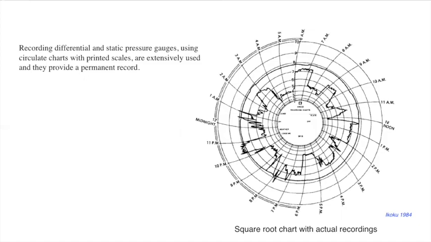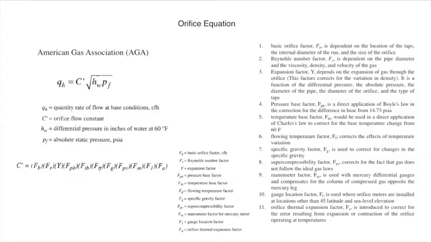As per the American Gas Association, as I mentioned, the flow rate through the orifice can be calculated using this equation as shown in the slide. That is, QH, the quantity rate of the flow at base condition, is equal to C dash, the orifice flow constant, times root over HW.